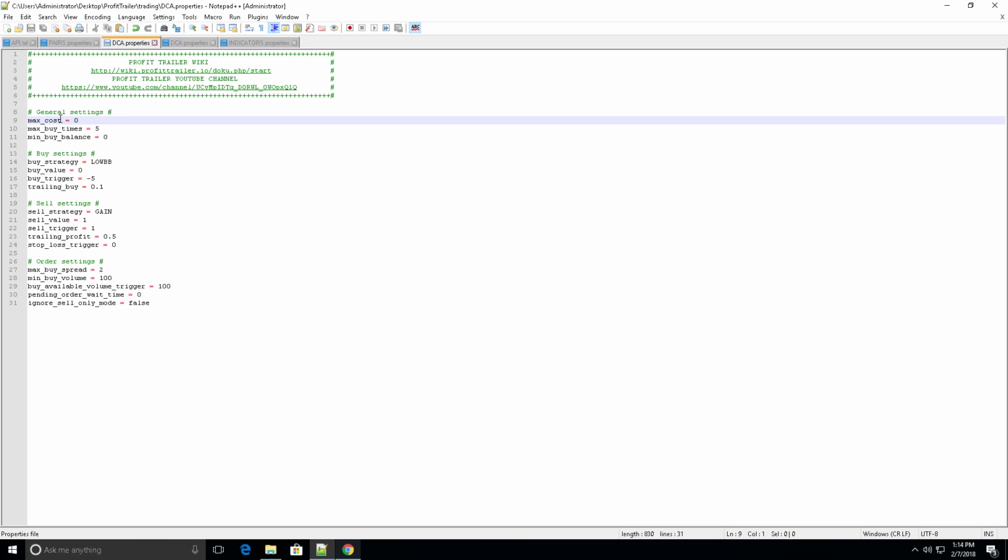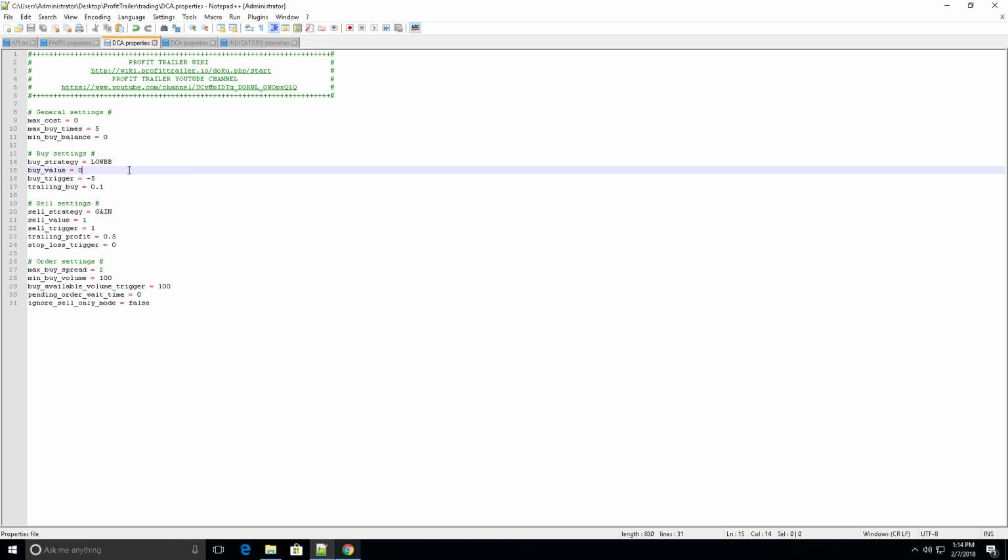If you already have NEO in DCA log, and let's say your max cost is 0.1, and the total cost of NEO is already at 0.1, then ProfitTrailer will not buy any more NEO, and it will only look to sell NEO.